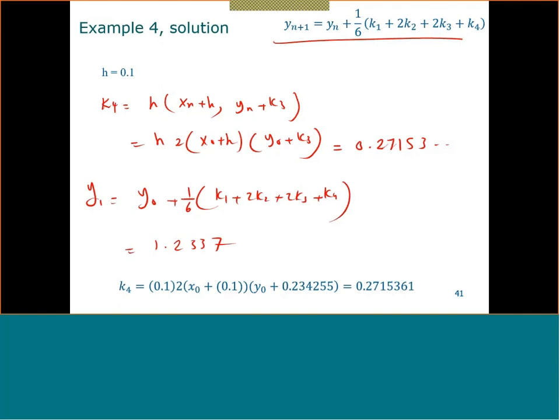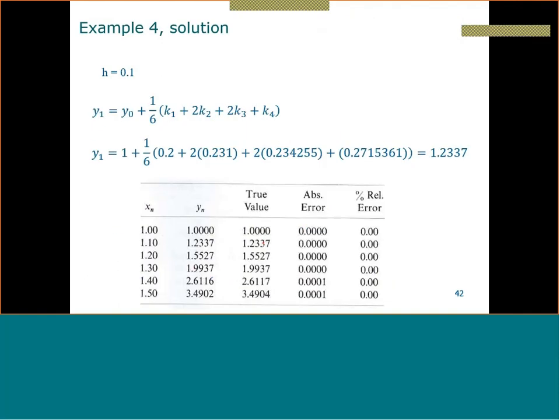If we see the full solution, when you reach 1.5, the approximation is 3.4902, and the true answer is 3.4904. So it is correct to four digits, and the error is almost 0 here.